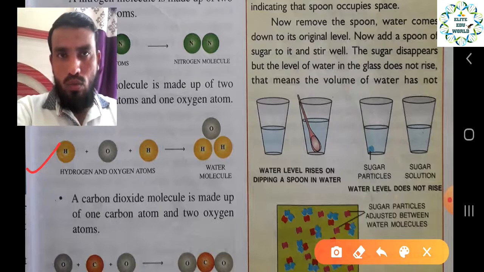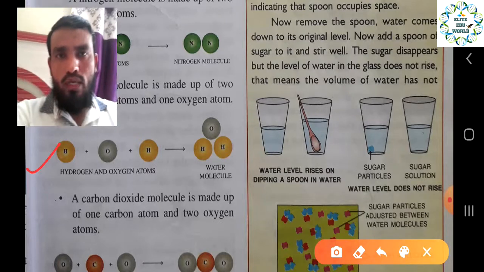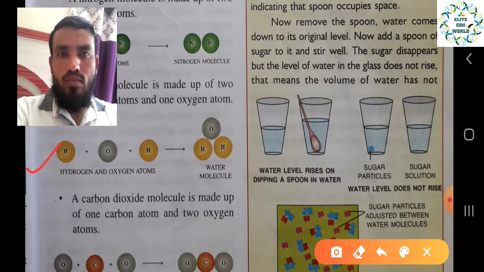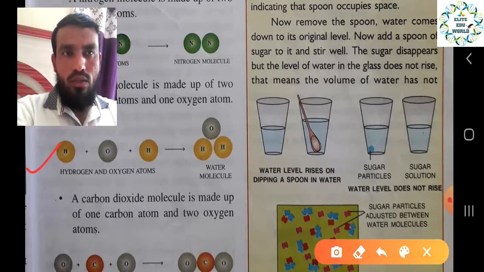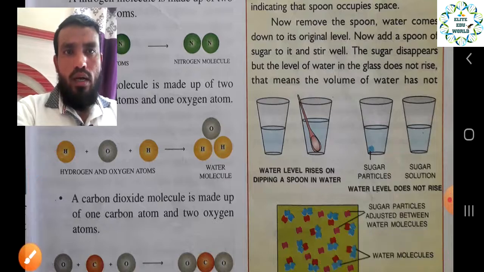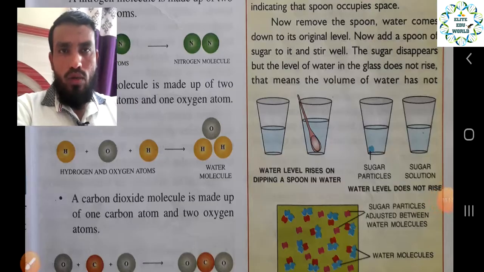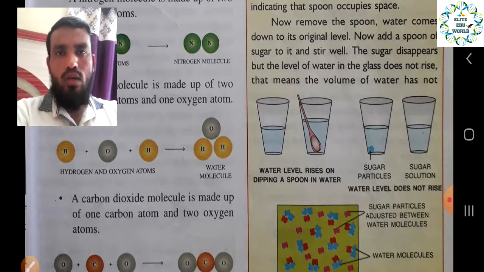They can also come together and make a molecule. Here H represents hydrogen, and the other H also represents hydrogen, plus one oxygen. So here are two hydrogen atoms and one oxygen atom. They make H2O, that is a water molecule. So in the water molecule we can see two hydrogen atoms and one oxygen atom.